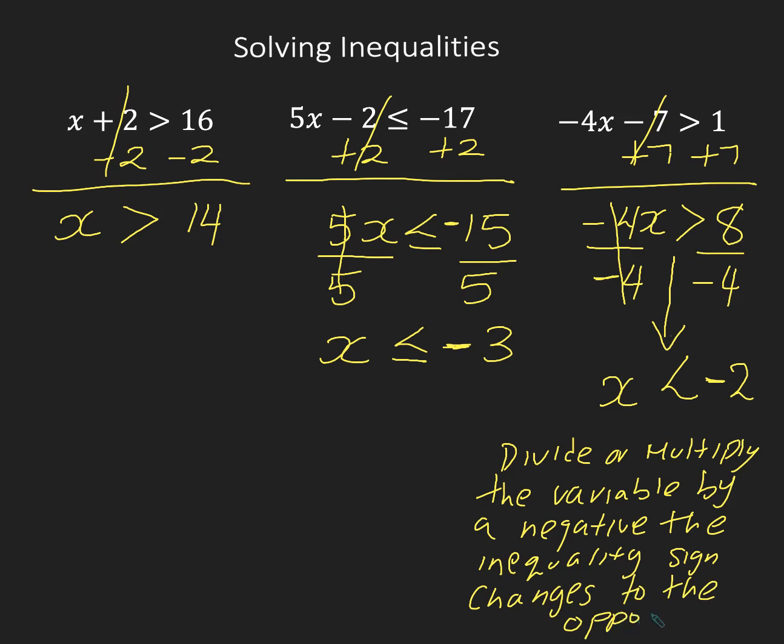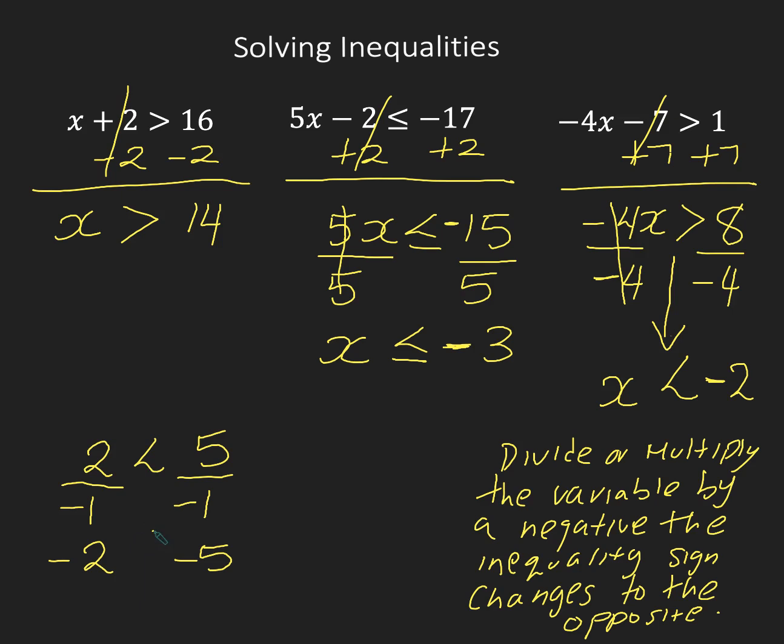And the reason for that, I'm going to show you. I'm going to write an inequality sentence here. 2 is less than 5, correct? I'm going to divide both of these by negative 1. When I divide by negative 1, this becomes negative 2, and this becomes negative 5.